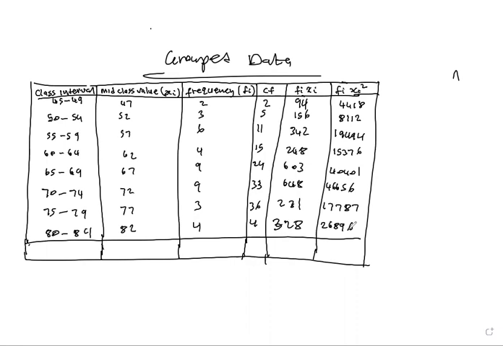So let's get the totals. You get the totals of the frequency, the summation of fi. This gives you the total 40. Then you also get the sum of the products, summation of fi xi.